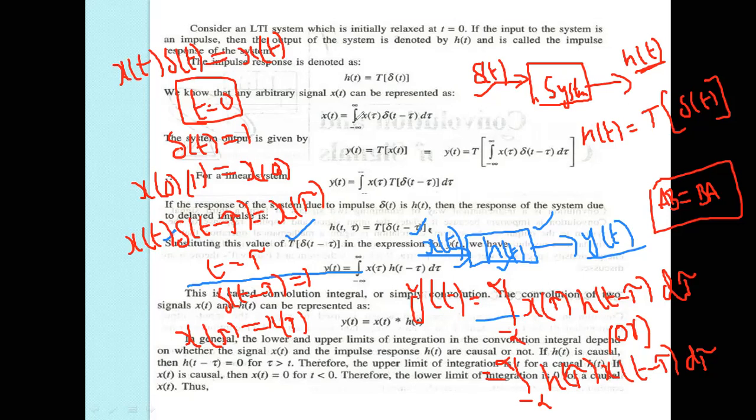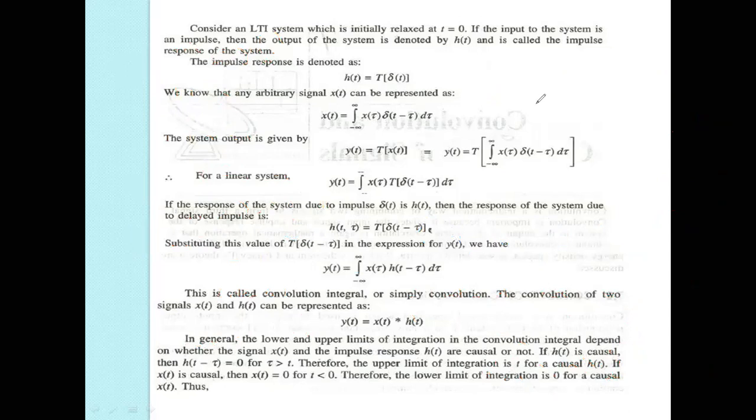Even if we integrate from minus infinity to infinity, the delta function is nonzero only at t equal to tau, so x of t is the same thing. This total signal I am giving to the system as input x of t.